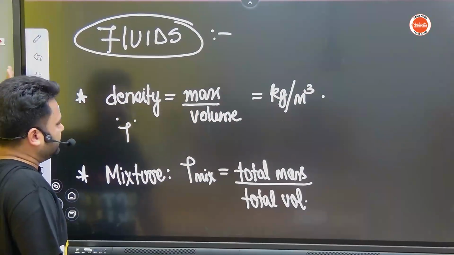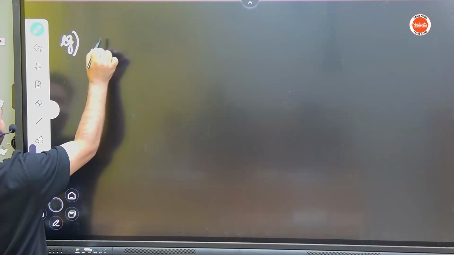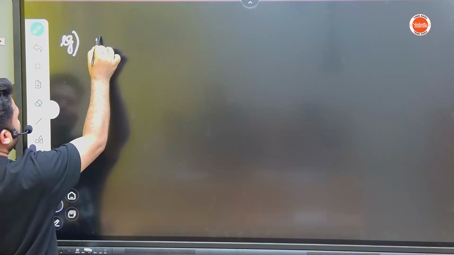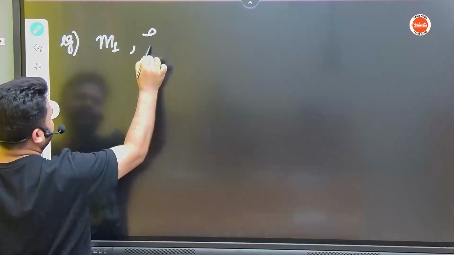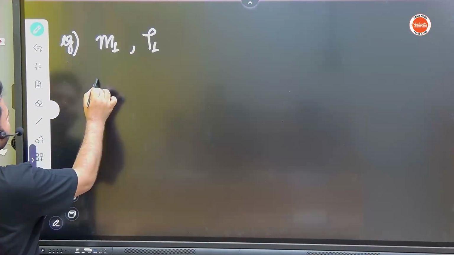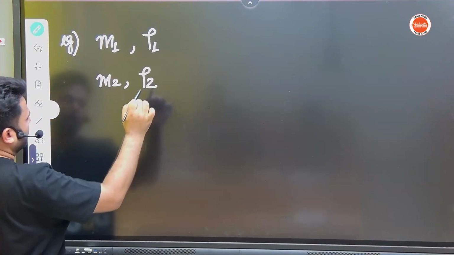For example, there is a container. One gas is there whose mass is m1, whose density is ρ1, and there is another gas whose mass is m2, whose density is ρ2.